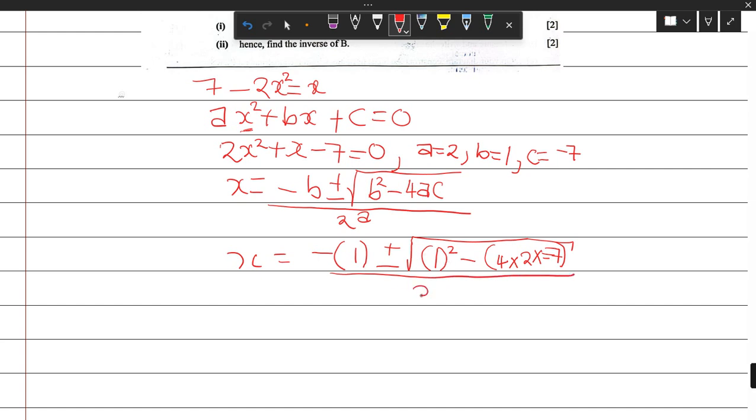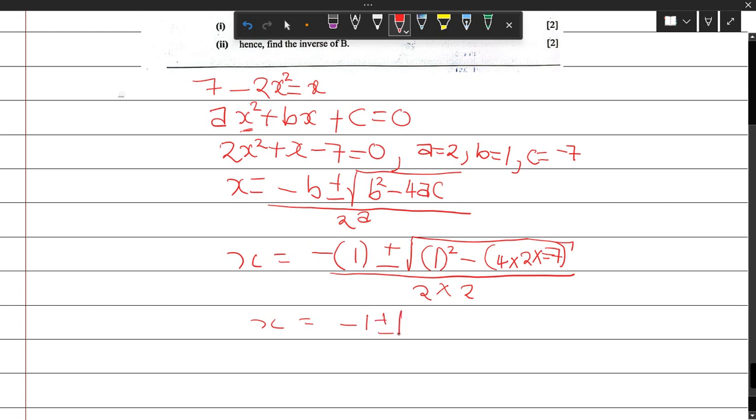Then you write 2 multiplied by a, which is 2. So you continue solving. x equals, so this would be -1, since the sign of 1 is positive. Positive multiplied by negative gives you negative, from algebra or from integers.